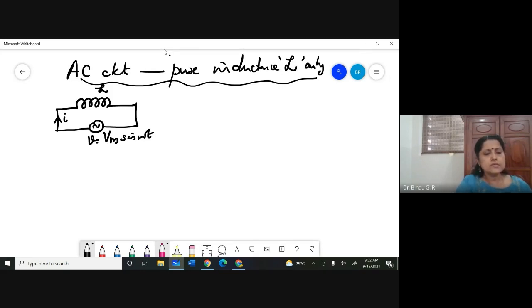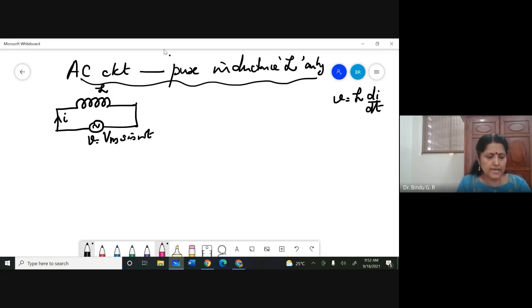Now, what is the difference between a resistance and an inductance? Any circuit that is capable of producing a flux when current is passed through it is an inductive circuit. When an alternating current flows through pure inductance, as you know, a back EMF V is equal to L di by dt is induced.